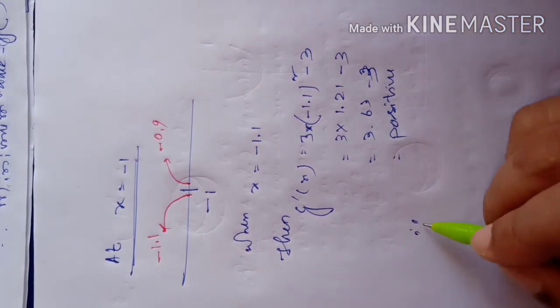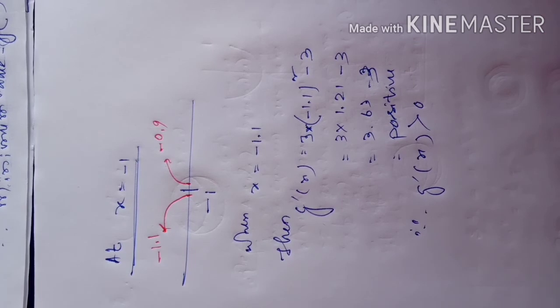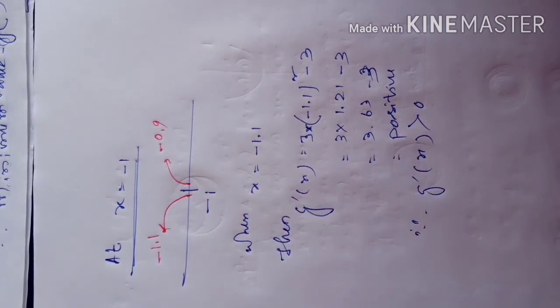That is g dash x is greater than 0 before minus 1. Towards the left hand side of minus 1, g dash x is greater than 0.